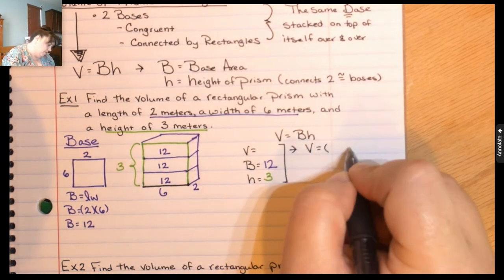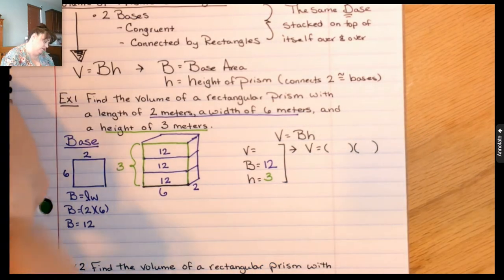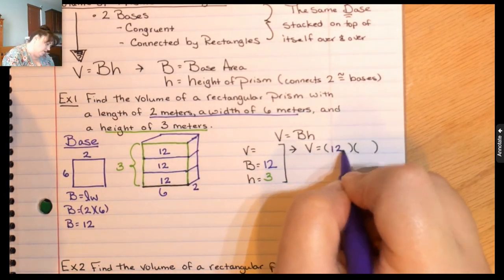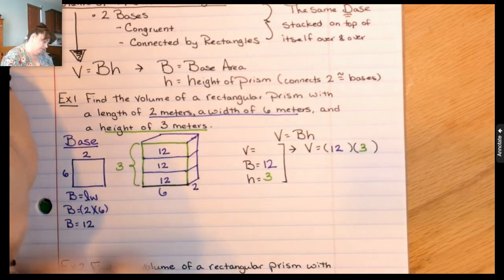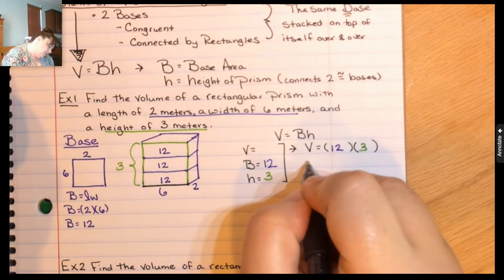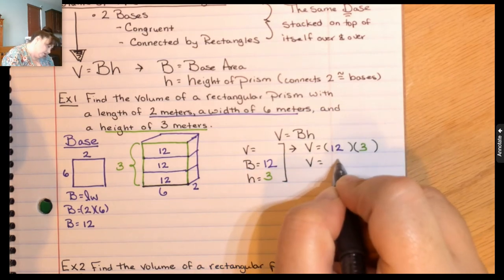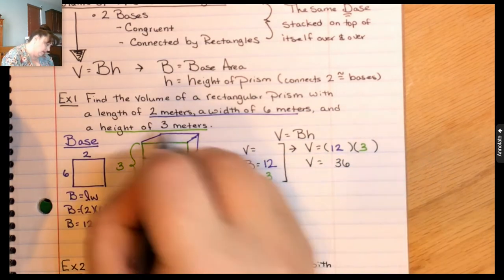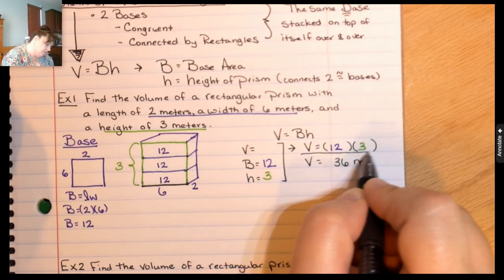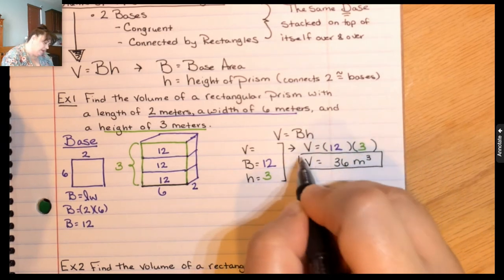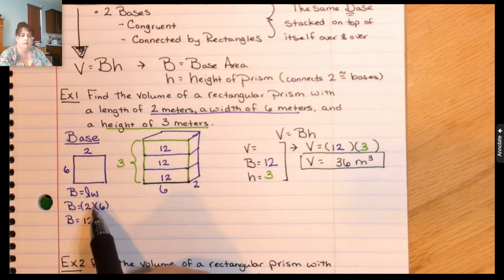So volume equals base times height. So 12 times 3. Volume equals 36, and it was in meters. So volume is in cubic meters. And the reason why is right here we did meters times meters, so this is meters squared.